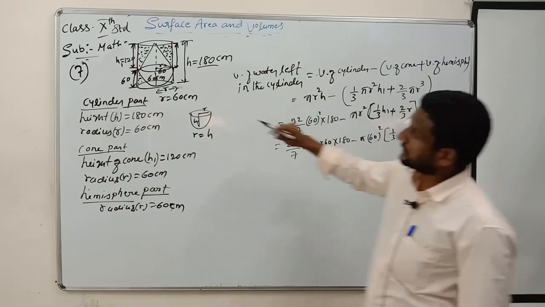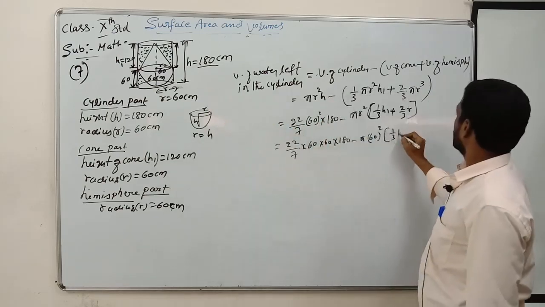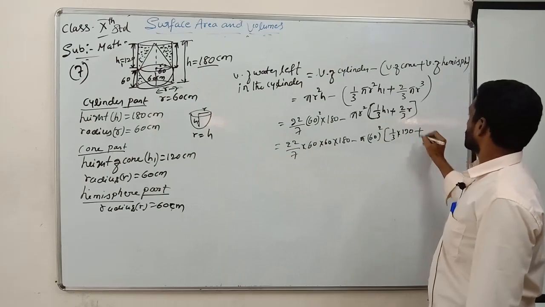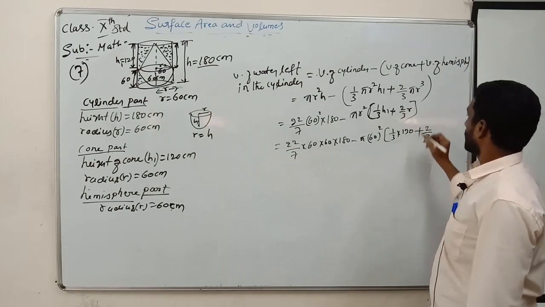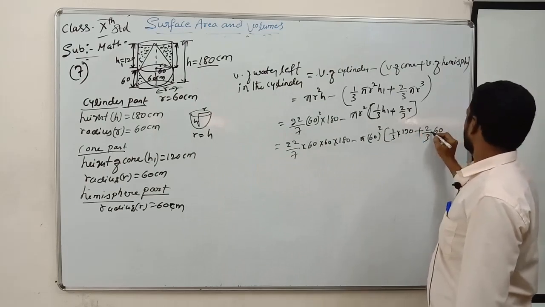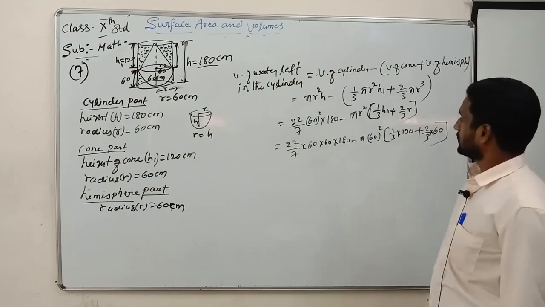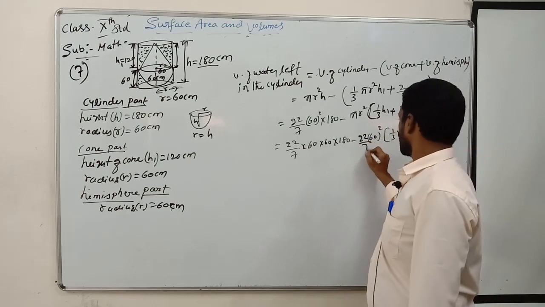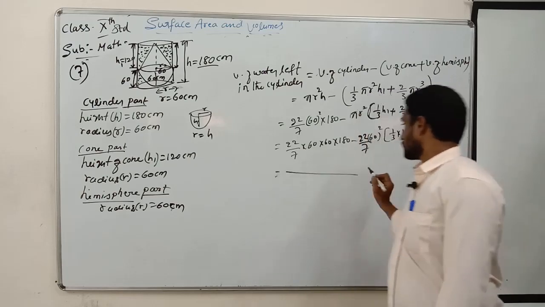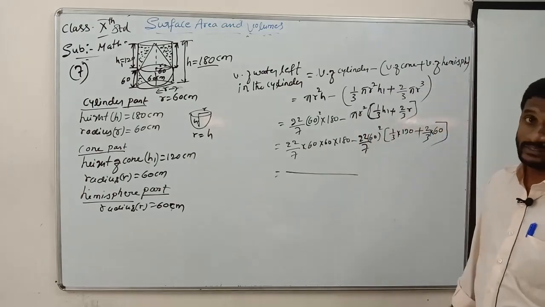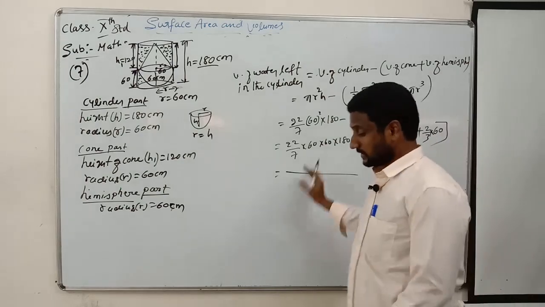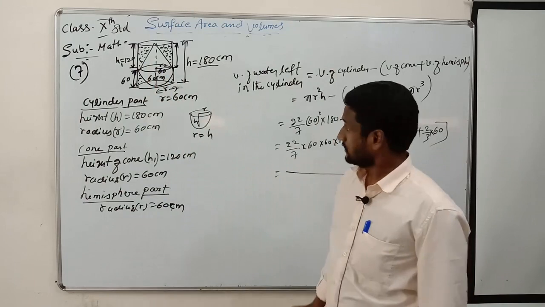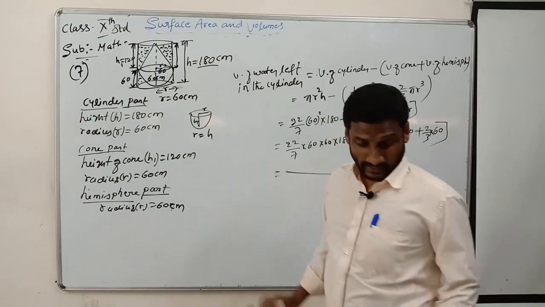H1 is nothing but the height of the cone, which is 120, plus 2 by 3, our radius is 60 centimeter, into 60 centimeter. Pi value you can substitute here as 22 by 7. After simplifying, you are going to get the volume. That much volume of water will be left here. So this is your seventh problem.